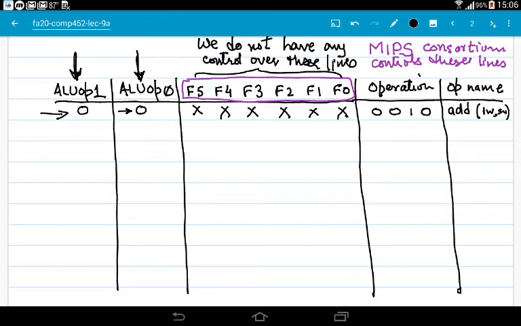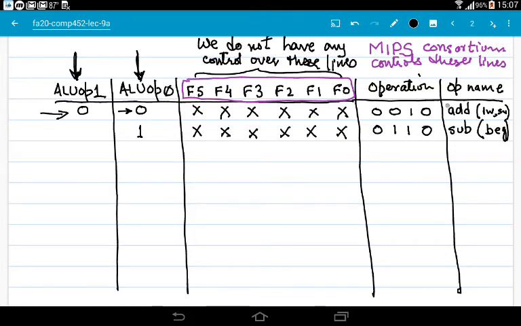And let's say that when this bit is 1, once again we do not look at the function code, but we will perform subtraction operation, and this operation will be done for the branch if equal instruction.